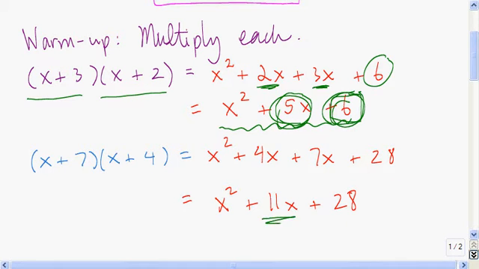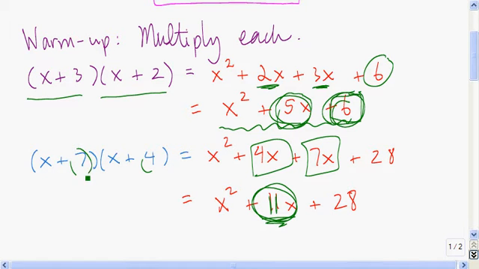All right, let's look at this warm-up here. This 11x came from 4x plus 7x. Where did 4x come from? 4x was x times this 4. Where did the 7x come from? It was 7 times this x. So this middle coefficient, the 11, came from the 4 and the 7, and we added those.